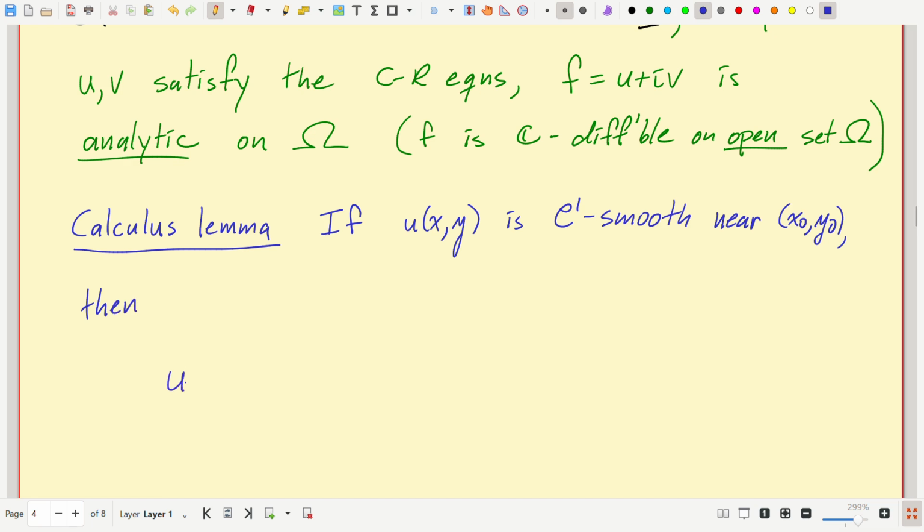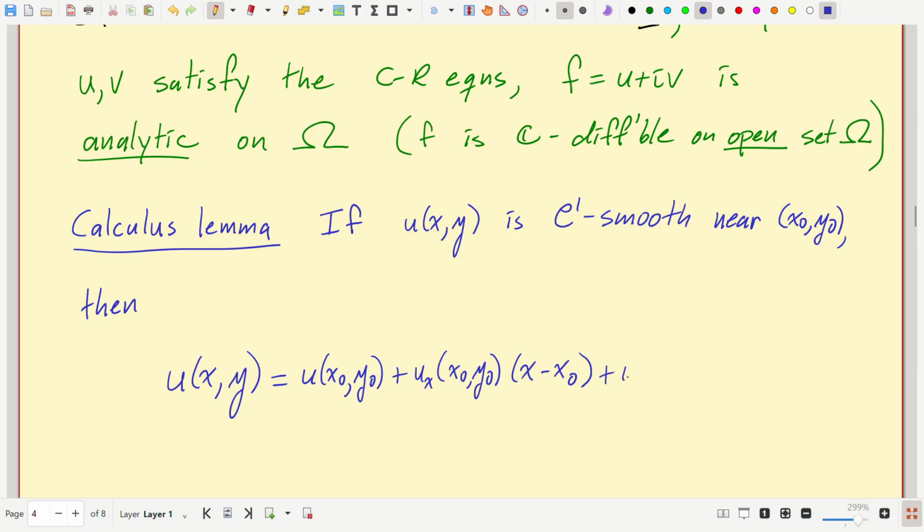we can approximate the function u very closely by its first-order Taylor polynomial, which is u of x naught, y naught, that's the constant term, plus du/dx at x naught, y naught, times x minus x naught, plus du/dy at x naught, y naught, times y minus y naught.